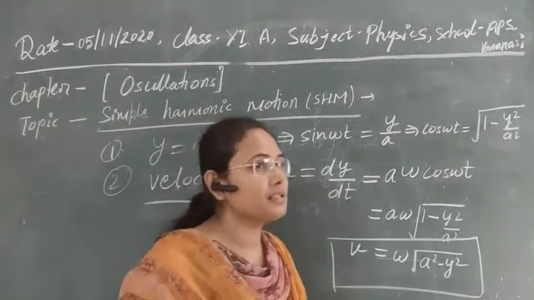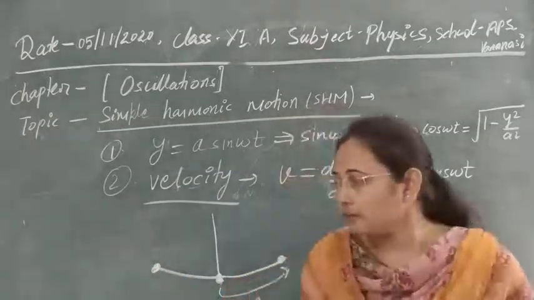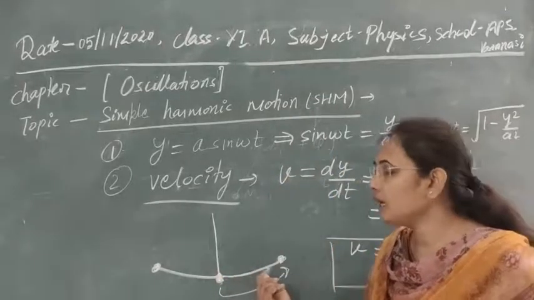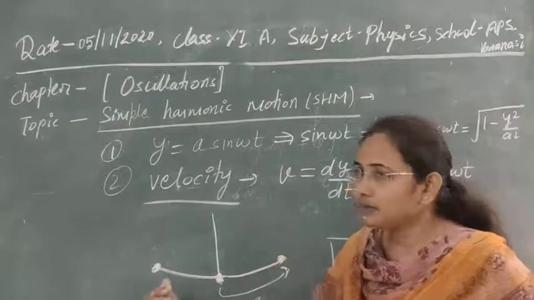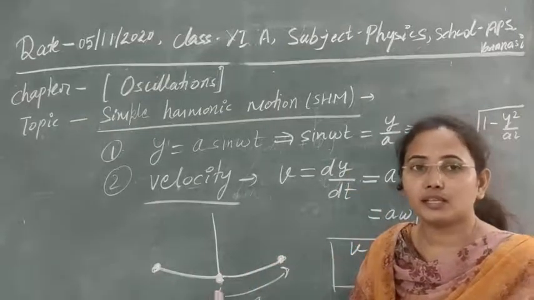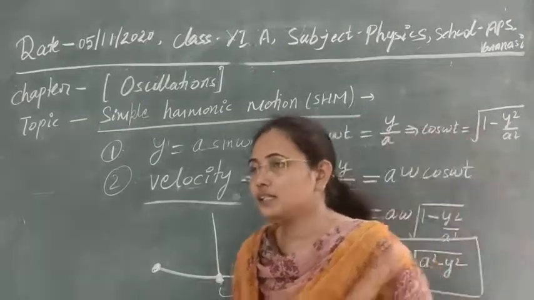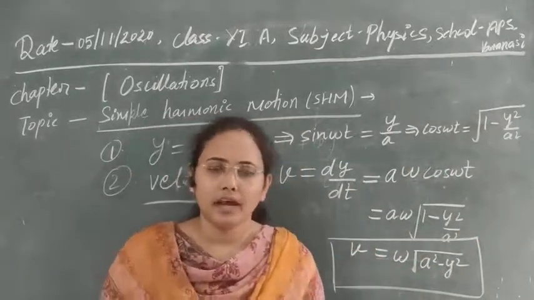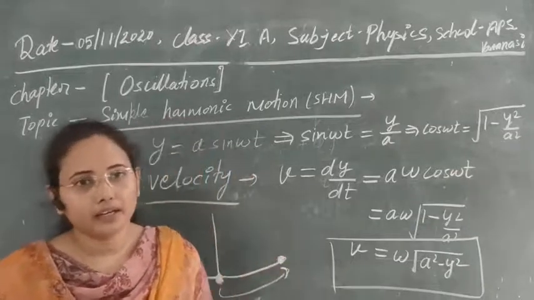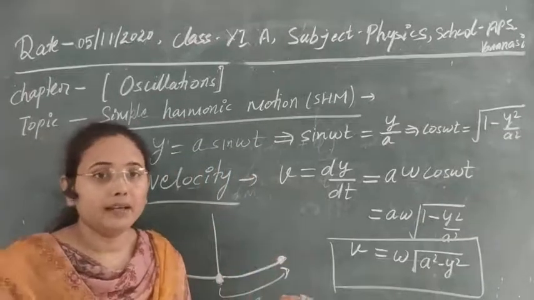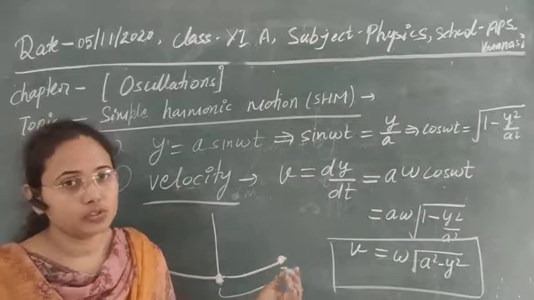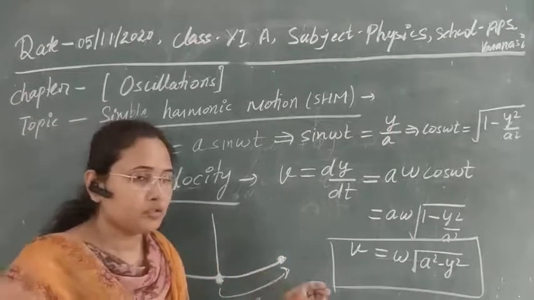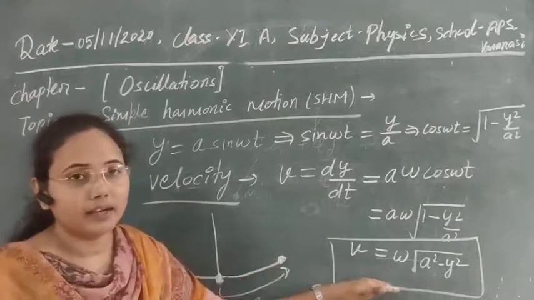So this is the ideal case, in which if we once displace the particle which is executing simple harmonic motion, it will always vibrate, always oscillate, and it will oscillate for infinite time until we apply any external force to stop it or any external force to retard it. Okay, so we can easily calculate it with the help of this value.